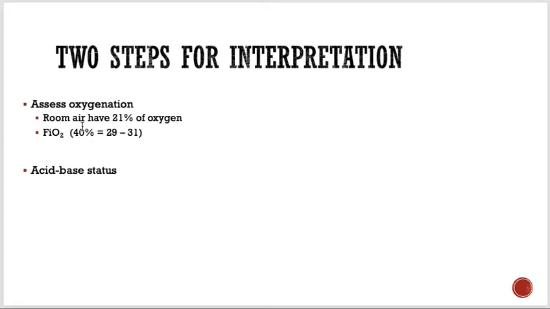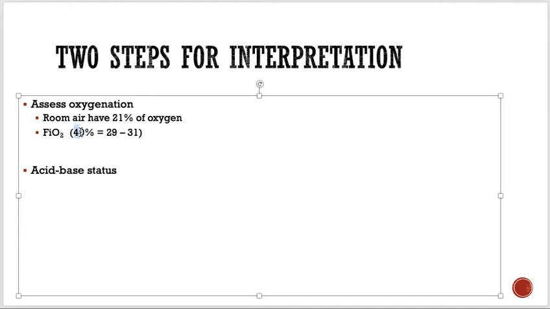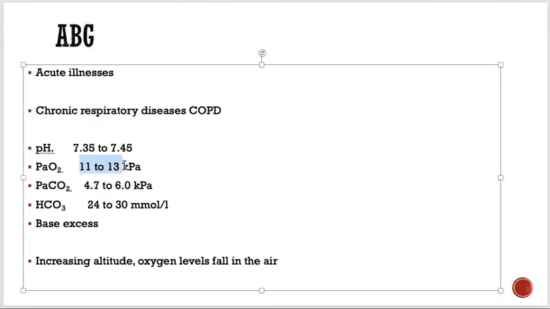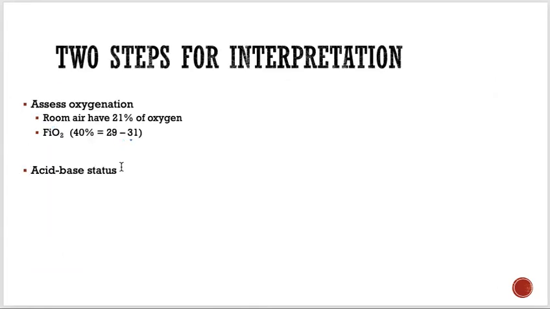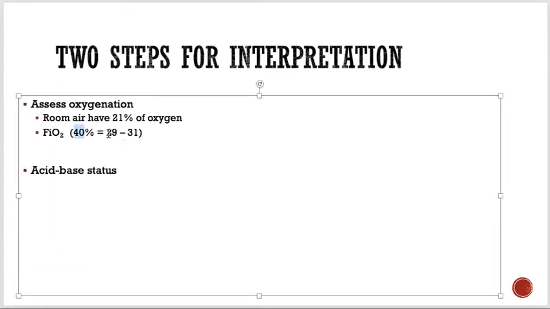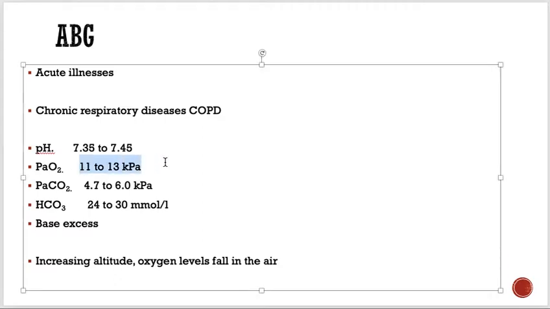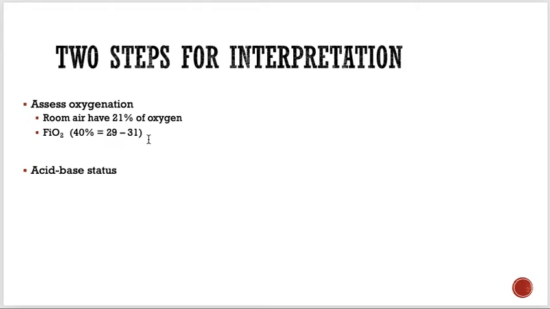So maybe you will find a COVID patient who needs 40% of oxygen to maintain this level. Normally when we give 40% of oxygen to a normal person with normal lungs, we expect this level. But if you are giving 40% of inspired oxygen and they have this level of oxygen in their blood, it means they have some lung disease, right? So that's the important thing, guys.